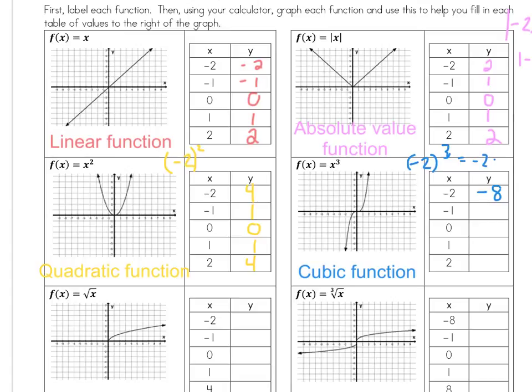Negative 2 times negative 2 times negative 2. Same thing with negative 1. Negative 1 times negative 1 times negative 1 is actually negative 1. 0 times 0 times 0, still 0. 1 times 1 times 1, still 1. 2 times 2 times 2, positive 8.